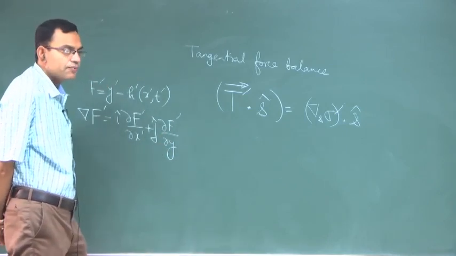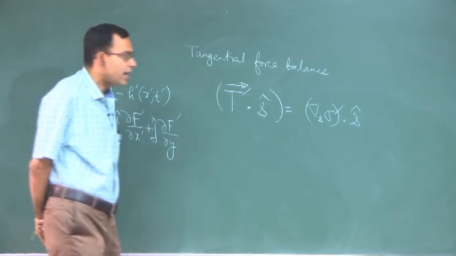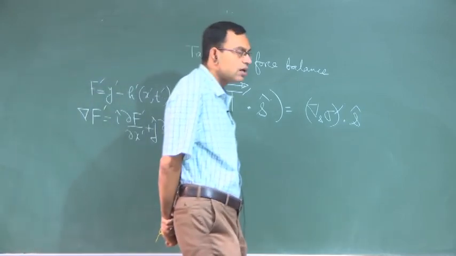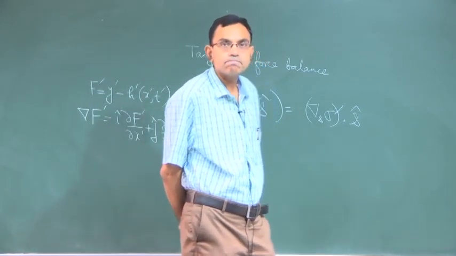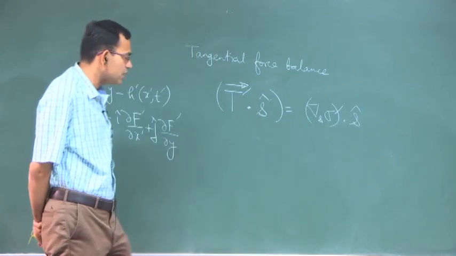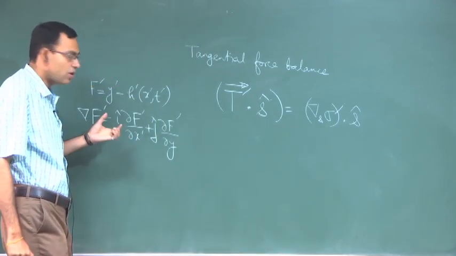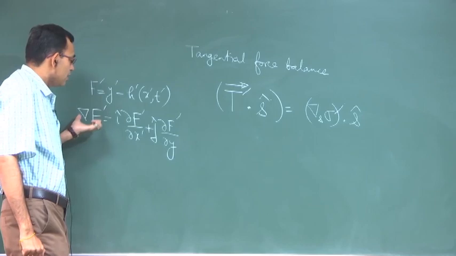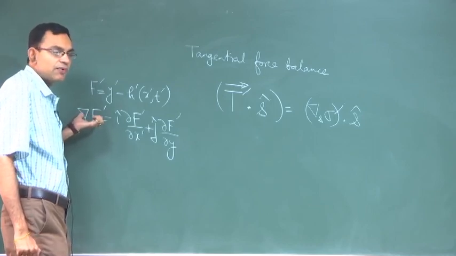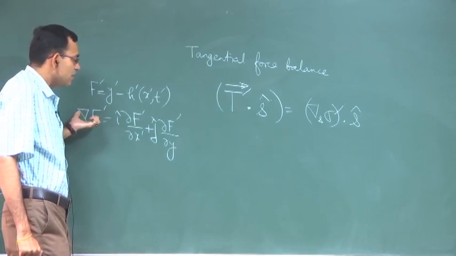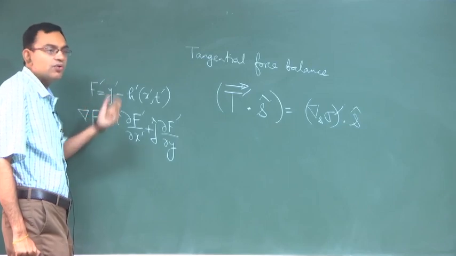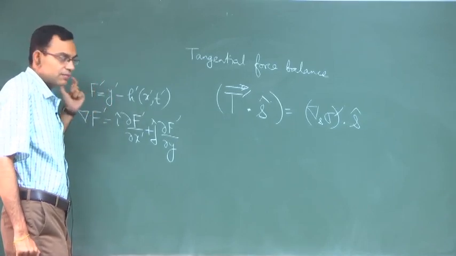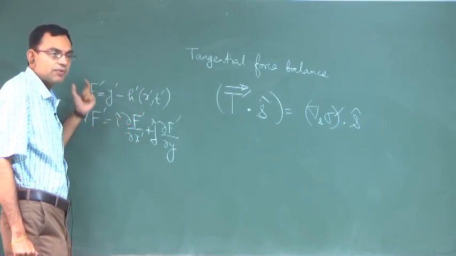Why is this grad f calculated in the context of s and n? It is calculated in the context of n because the gradient of a function, by definition, is a vector which is normal to the graphical representation of the function.